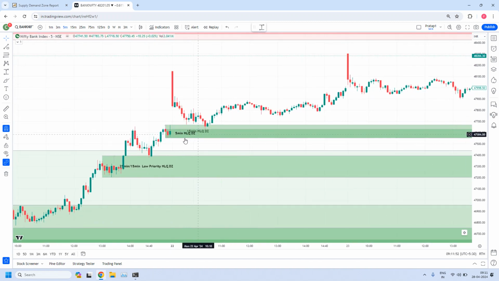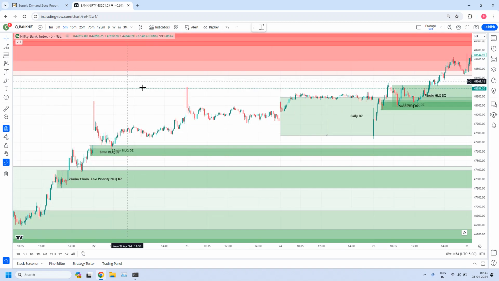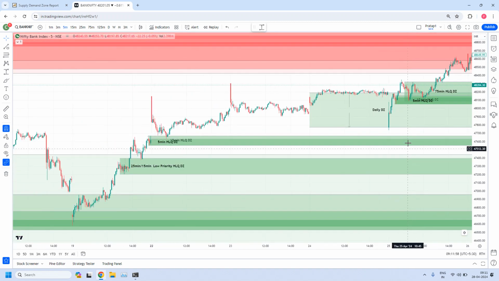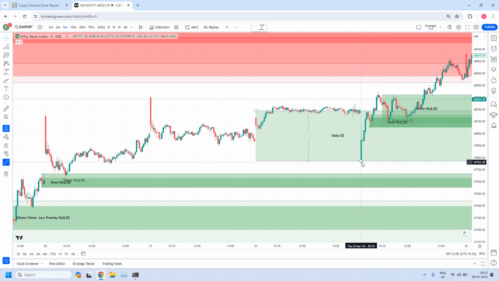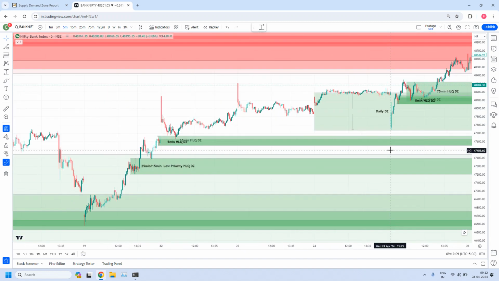So this is a good area again, because next time in case this zone is violated and price came down. But this daily demand zone is violated, right? It's not violated. Maybe I have wrongly selected this. I should have drawn this until here. Okay.